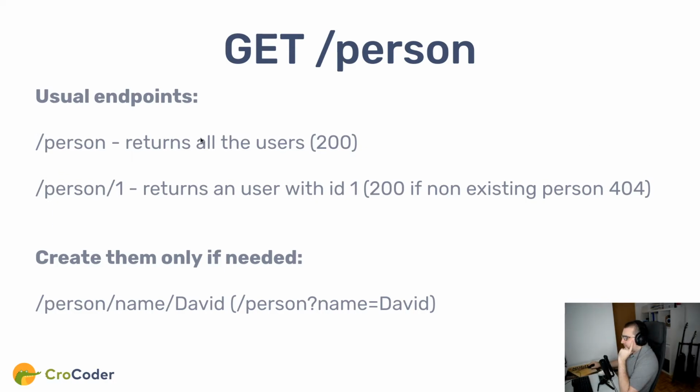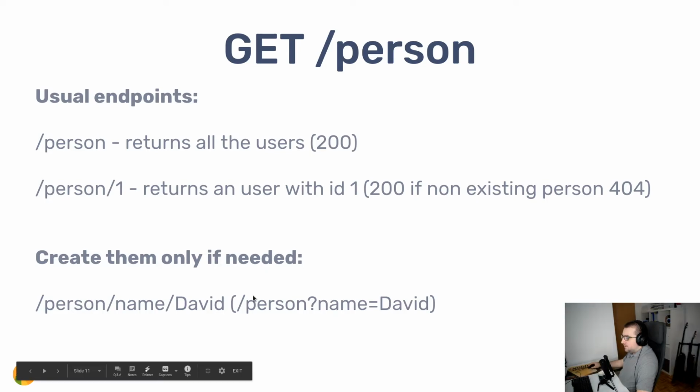These ones are pretty standard and usual. But if some front-end developer, or you, maybe you're creating backend and front-end, needs to query our collection by person name, then you should create this endpoint. And that's pretty straightforward.